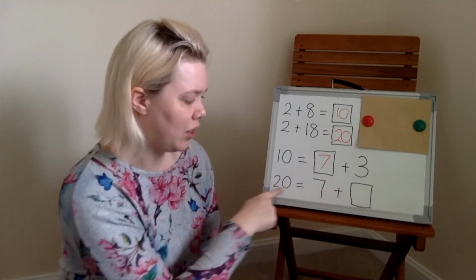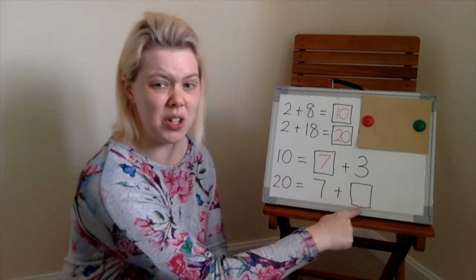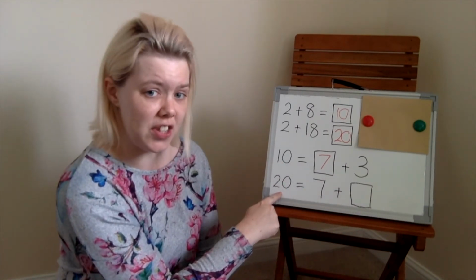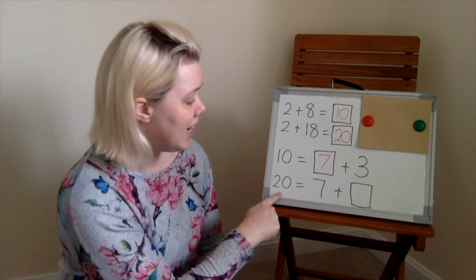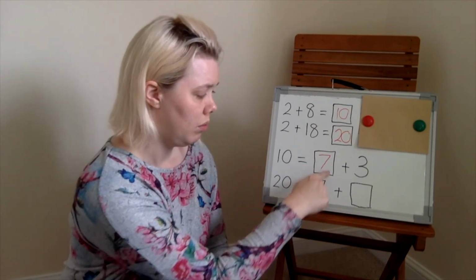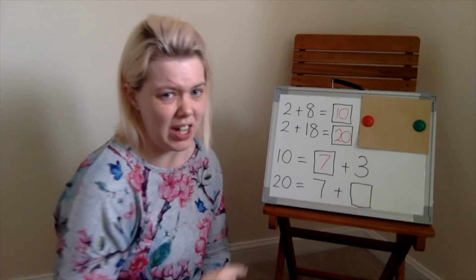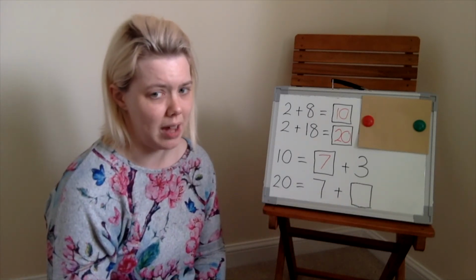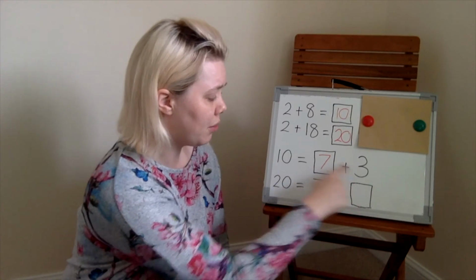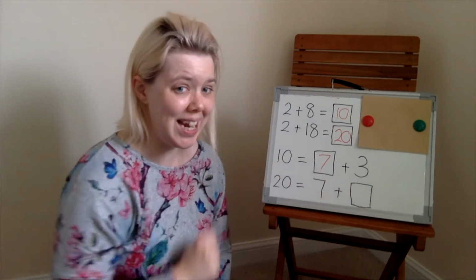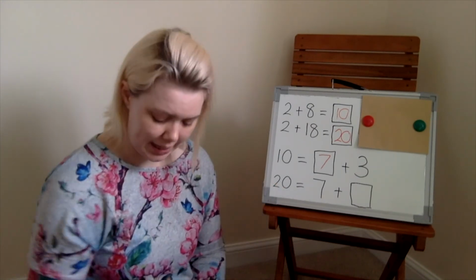And then underneath, we've got the same sort of problem, but the missing number's in a slightly different place. And the first number is different. This time we're finding to 20. Now I know we're starting with the same number here, so I think I know already what that number is. If 7 and 3 make 10, then 7 and 13 will make 20.